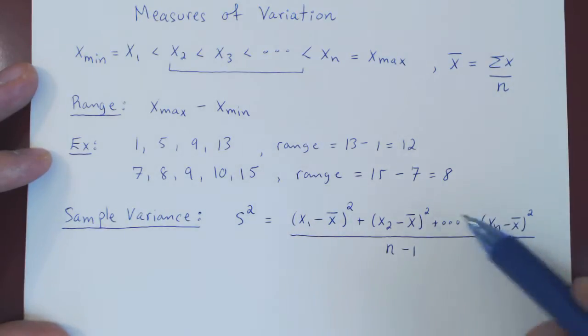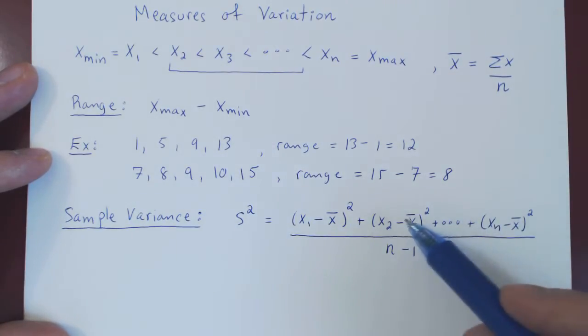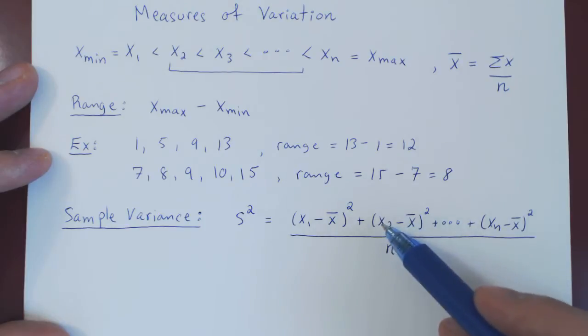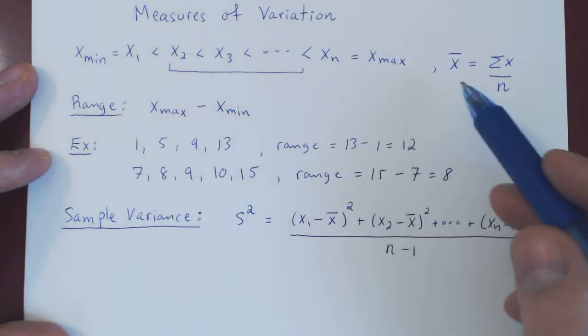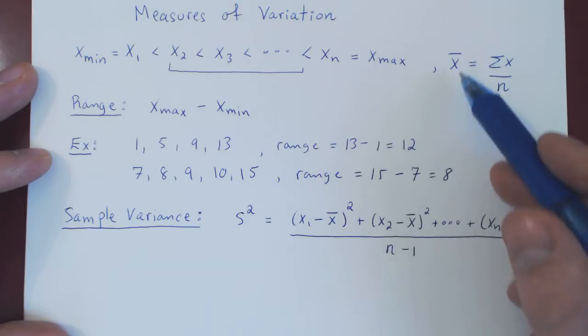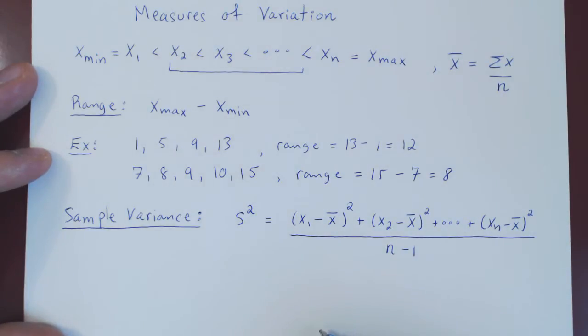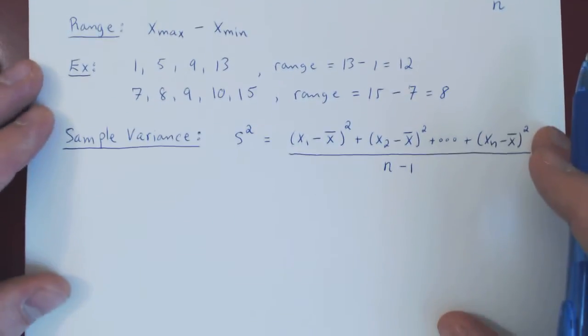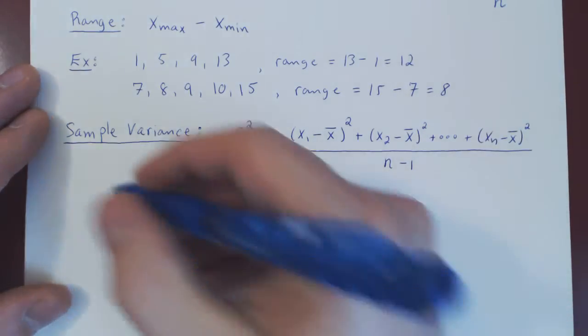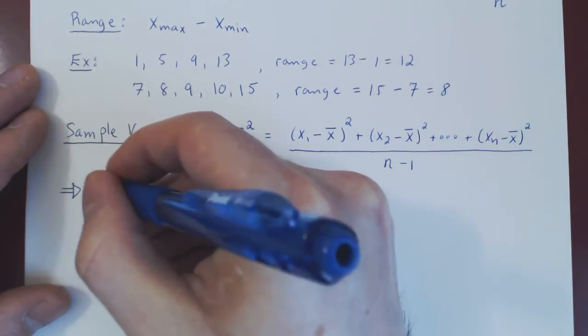But think of this as the average distance squared between the values of your sample and the sample mean, the average value of your sample. We can write this more concisely using our sigma notation.